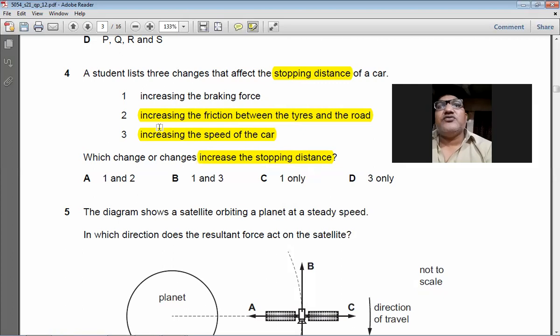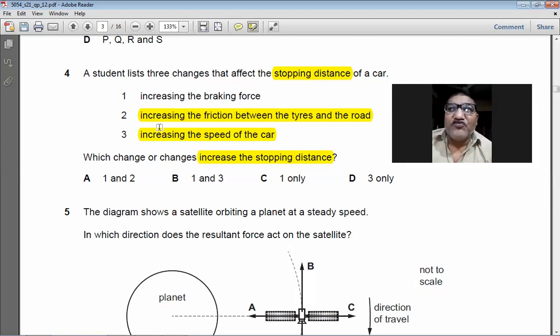And number 2, increasing the friction between the tires and the road, it will also decrease the stopping distance. So A cannot be the choice. The 1 and the 3, increasing the braking force might decrease the stopping distance, but we are looking for that factor which will increase the stopping distance. So B cannot be the choice.